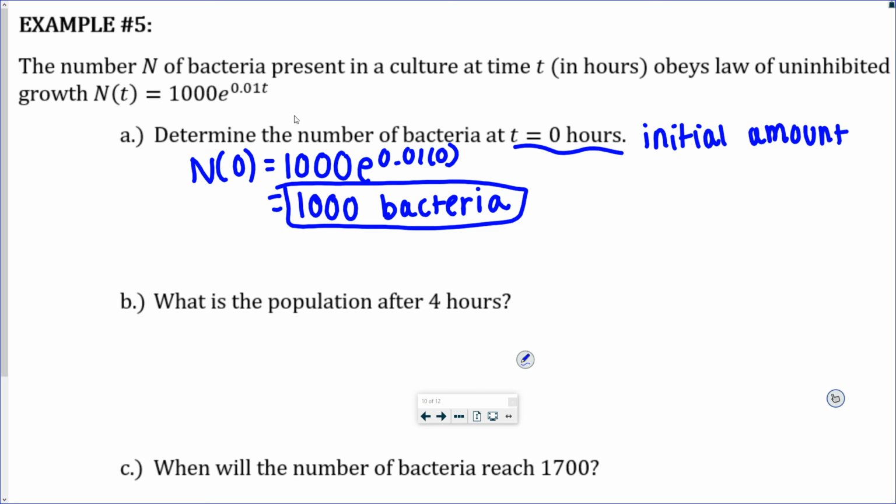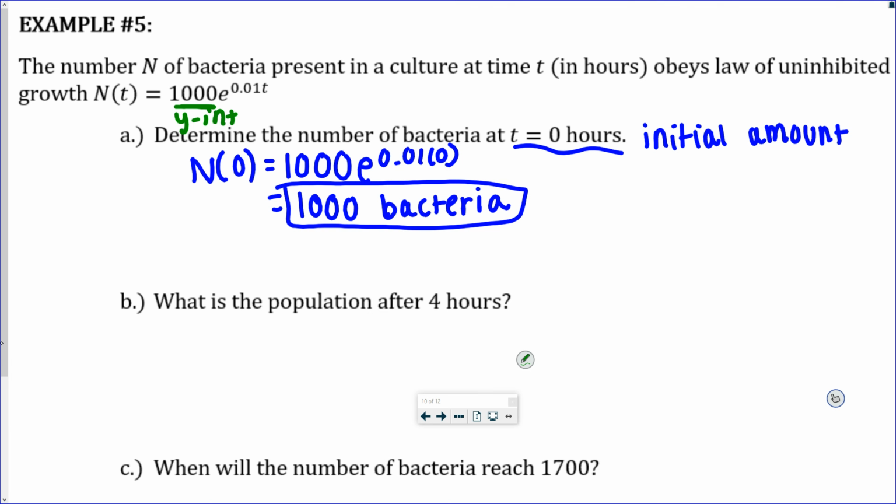Anything to the power of 0 is just 1, so we get 1,000 bacteria. This number in front is always going to be your y-intercept, your initial amount, for exponential equations, because when you plug in 0, anything to the power of 0 is 1.